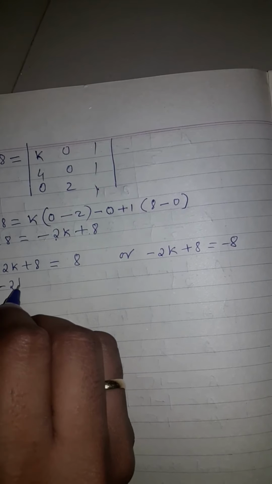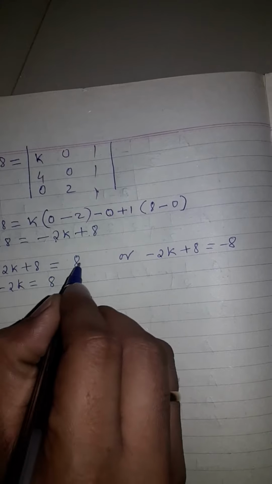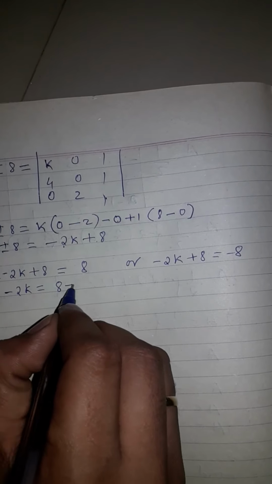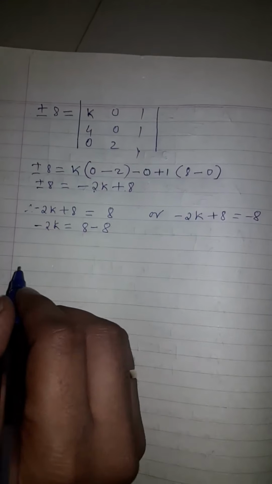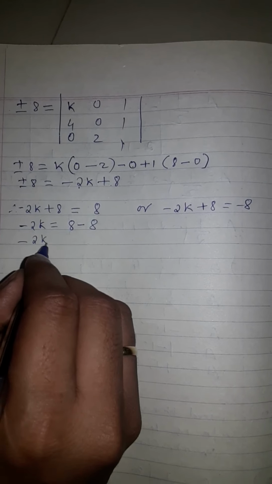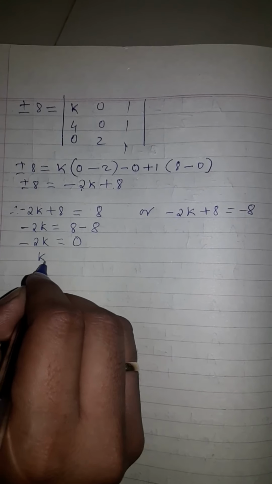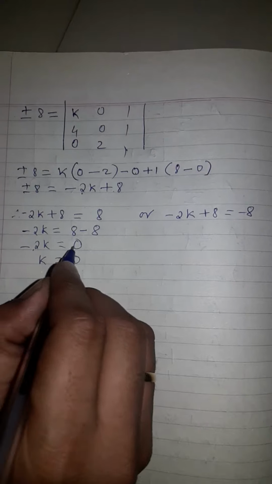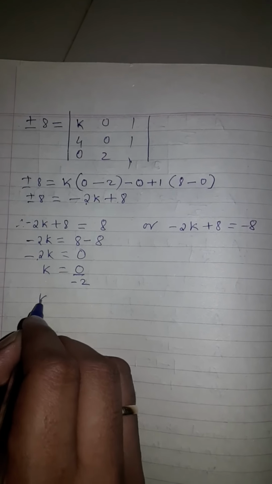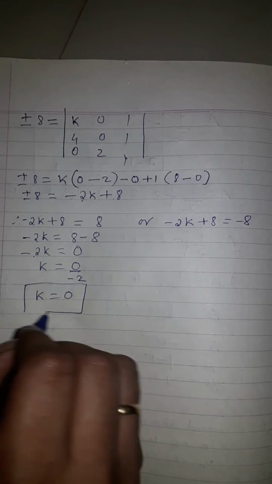So minus 2k is equal to 8 minus 8, this plus 8 you transfer, it becomes minus 8. So minus 2k is equal to 0, or k is equal to 0 because minus 2 will divide. And 0 by anything is 0. So k value is 0 here.